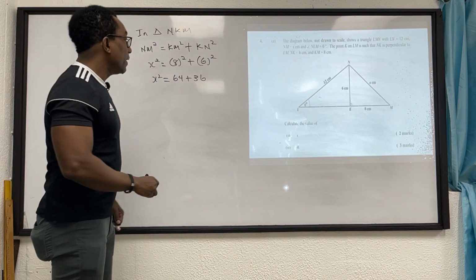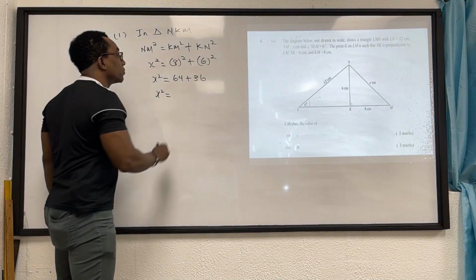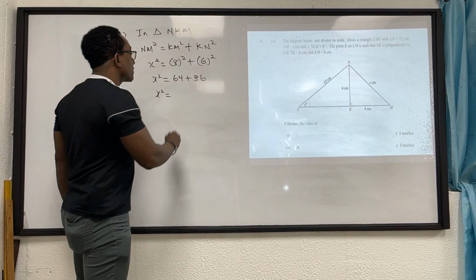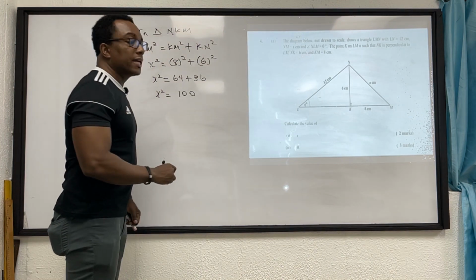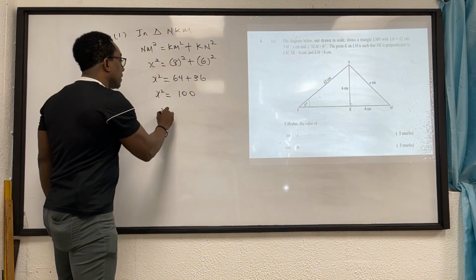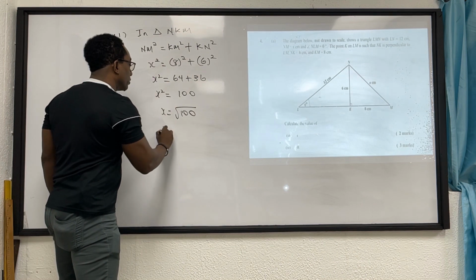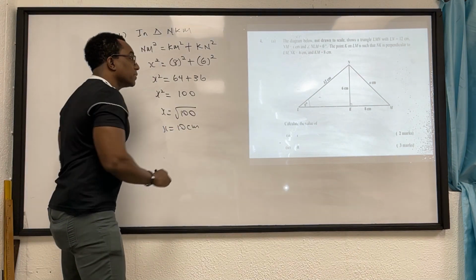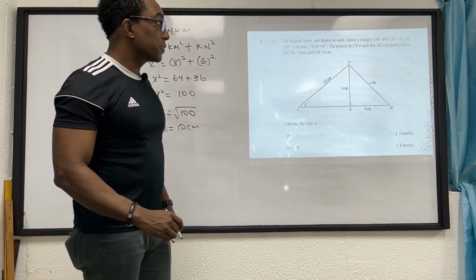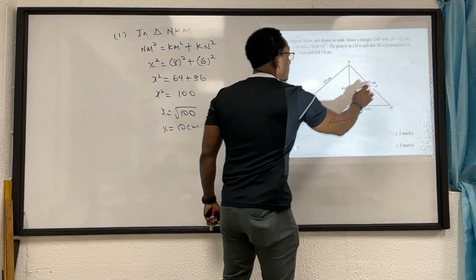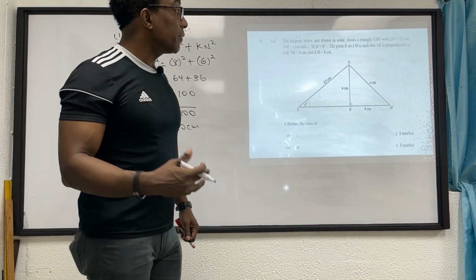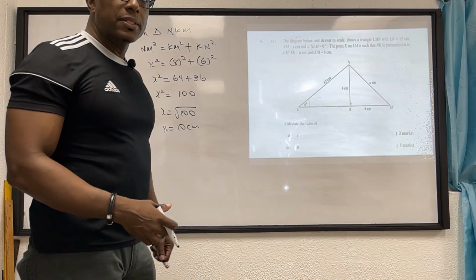And therefore x squared is equal to 64 plus 36, that is 100. We can easily find x by finding the square root of 100. So the length x is equal to 10 centimeters. So the use of Pythagoras theorem helps us determine the length of side x.